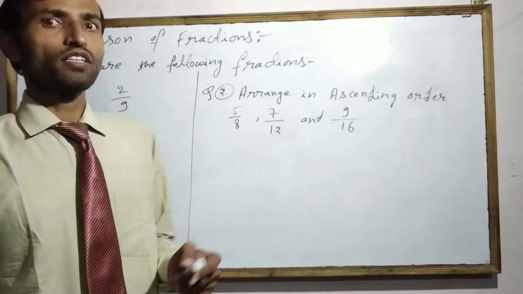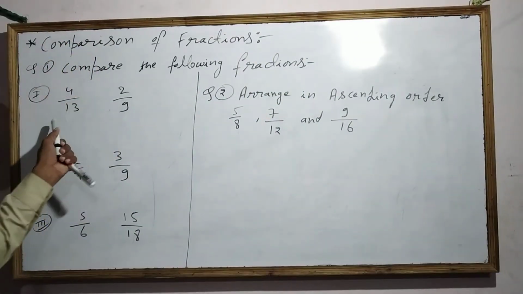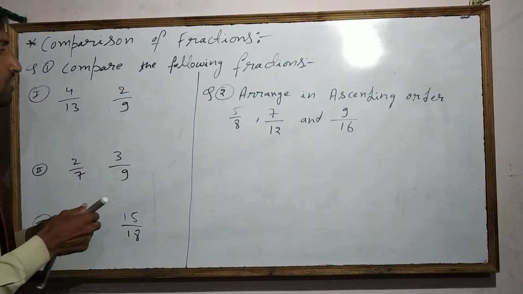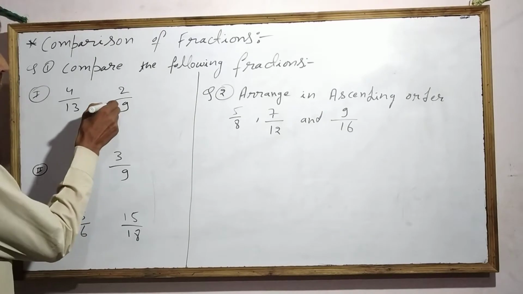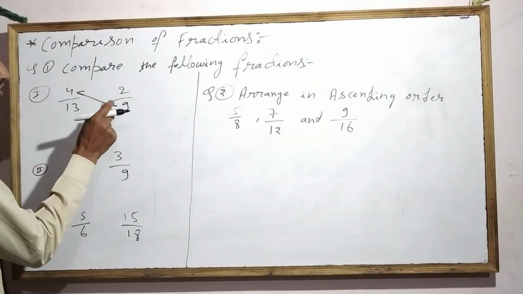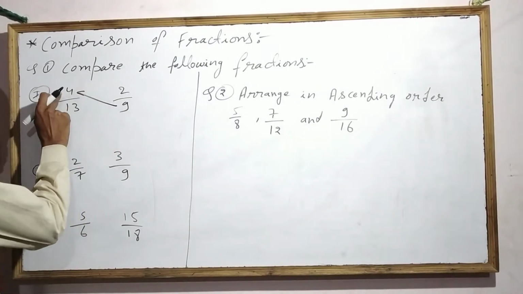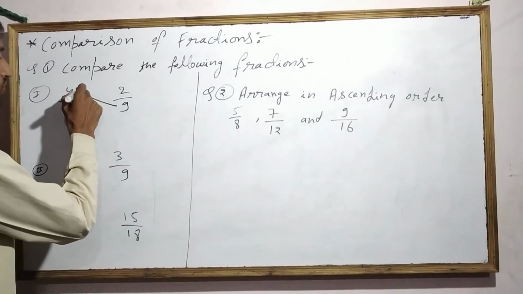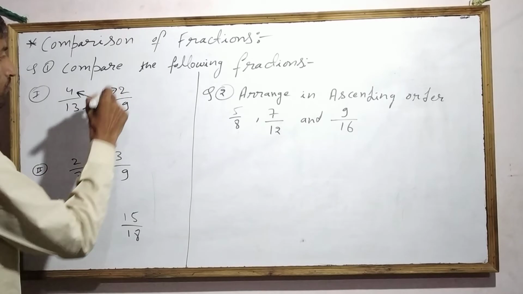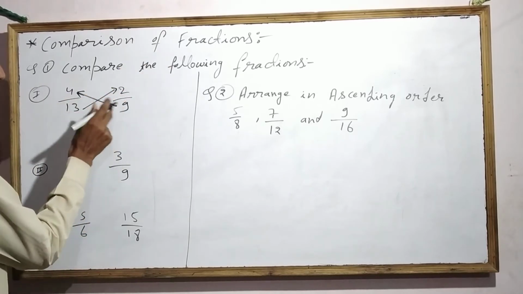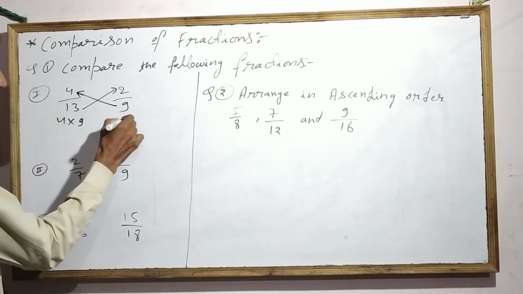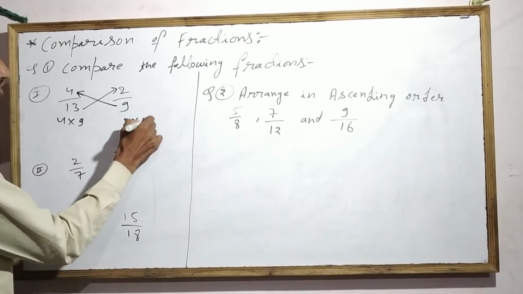If you want, you can cross multiply, then you can easily find which is greater and which is less. So just cross multiply here, that is, this denominator will multiply by this numerator and this denominator will multiply by this numerator. Make an arrow like this and put the values: 4 into 9, and here 2 into 13.